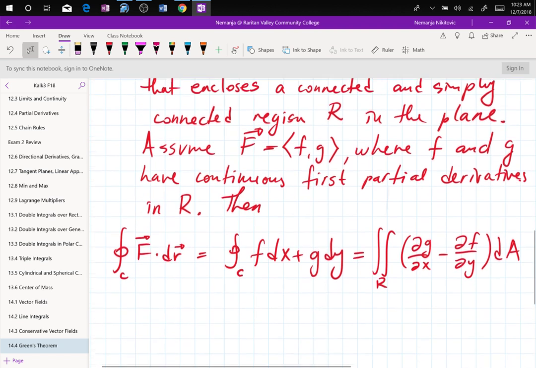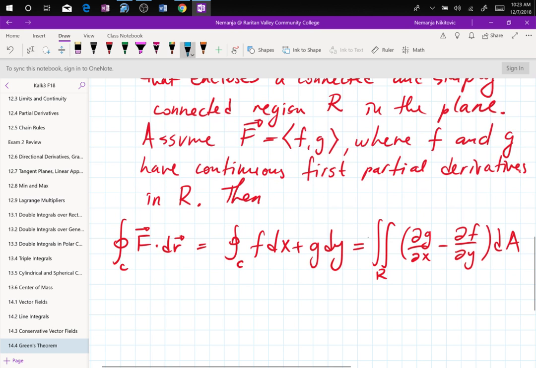This thing over here is called a two-dimensional curl. That's the name, the two-dimensional curl. And if the curl is 0, we say that the vector field is irrotational. Does not rotate, right? Because the curl is 0.